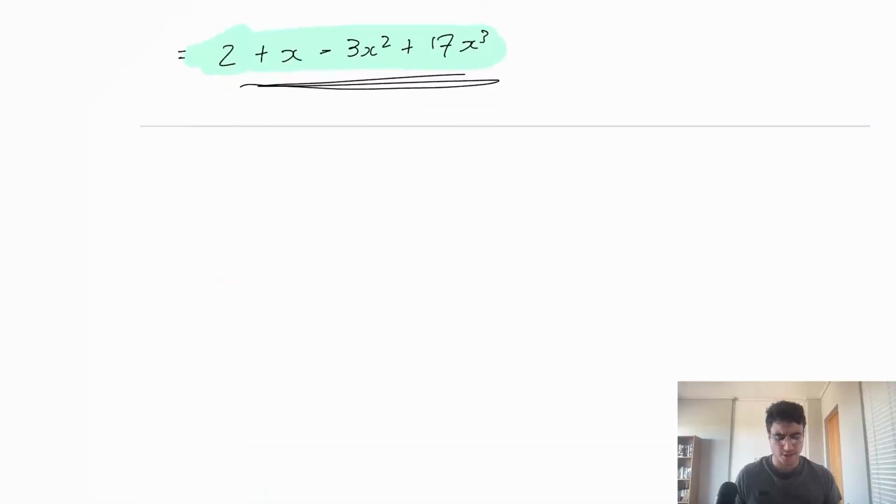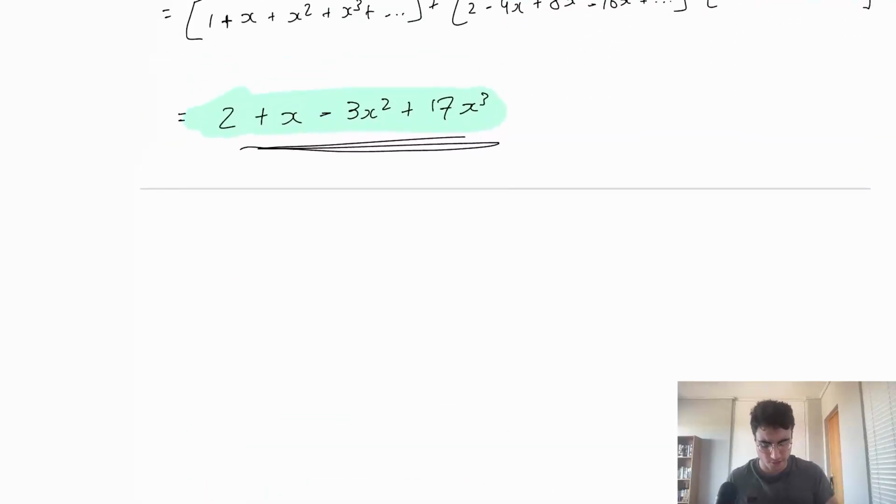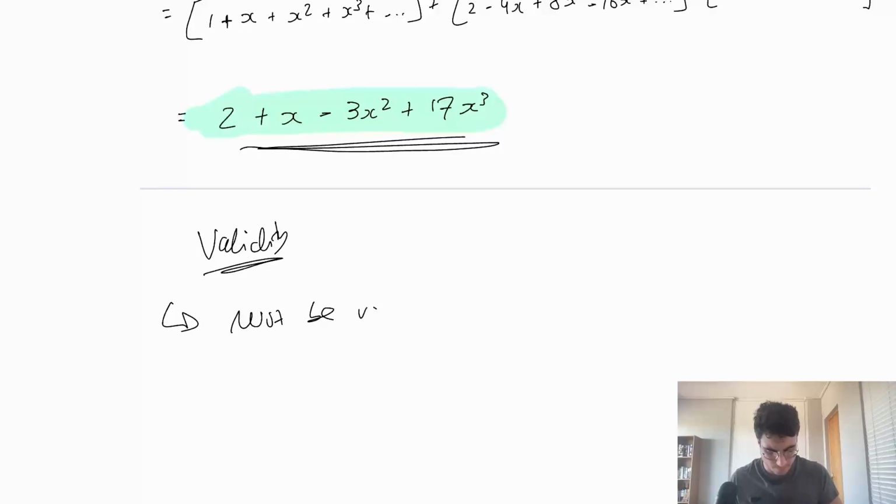Well, the trick here is to say, okay, for validity, we know it must be valid for all 3 expansions. So our validity inequality must be valid for all 3 expansions.